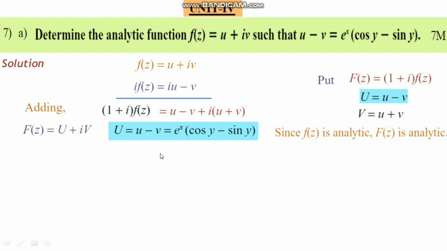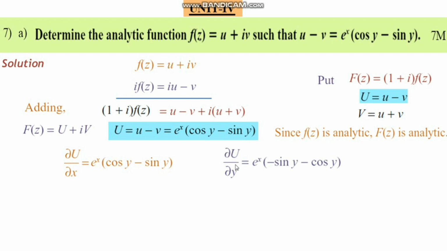First, we consider the first order partial derivatives of this function U. ∂U/∂x = e^x (cos y − sin y). When we differentiate U with respect to x partially, y terms are treated as constants.